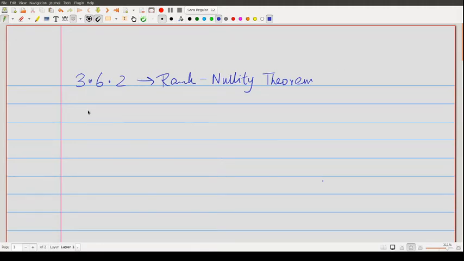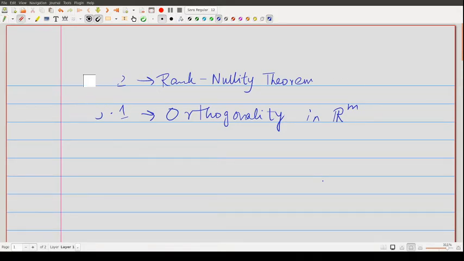After that we'll do 5.1 as much as we could, which is about orthogonality in Rm. So that's something that we'll cover today. Okay, so let's just begin.